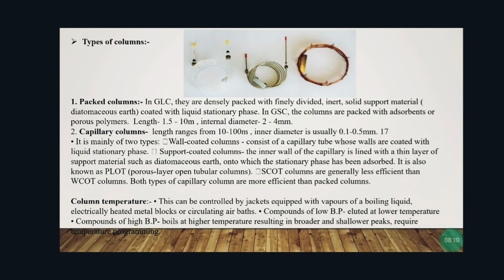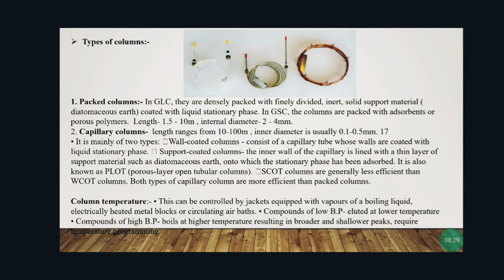Second one is capillary column. The length ranges from 10 to 100 meter and inner diameter is usually 0.1 to 0.5 millimeter. It is mainly of two types. First is wall coated column, which consists of a capillary tube whose walls are coated with liquid stationary phase, and second one is support coated columns.